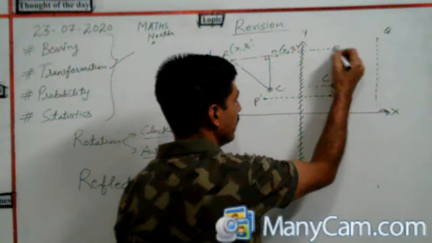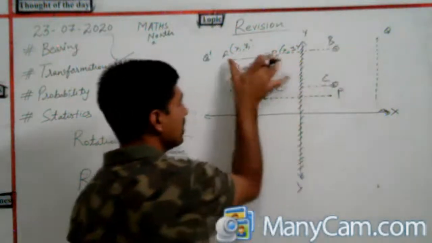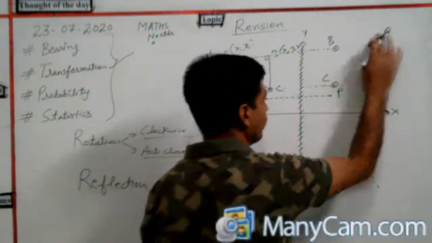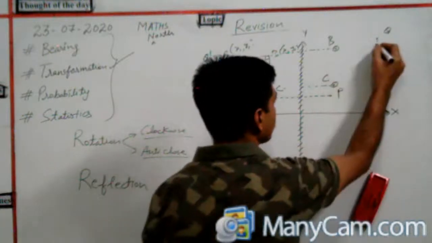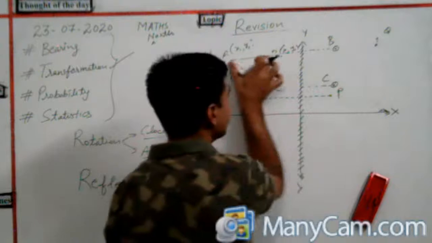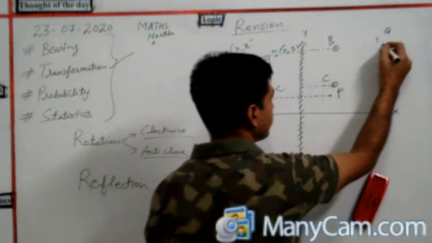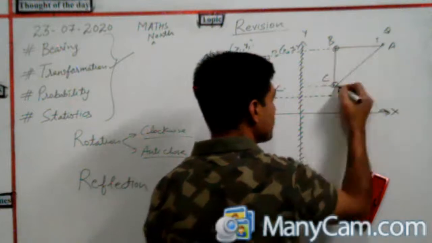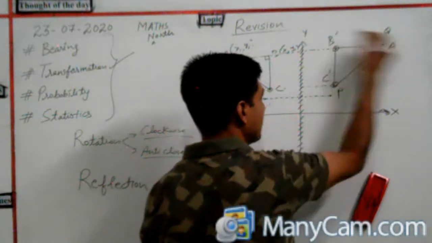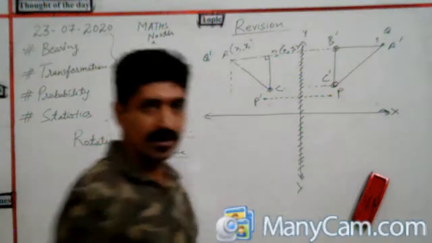We have this point B, and same distance this side. We have a point, that is point A, right? That is the point A here. Now, these are the reflections. So we'll write C dash, B dash, and A dash, right?